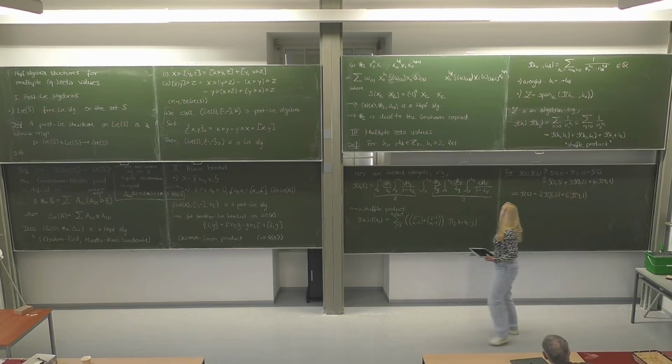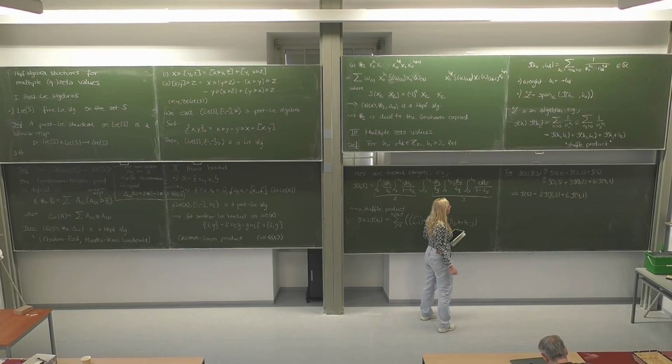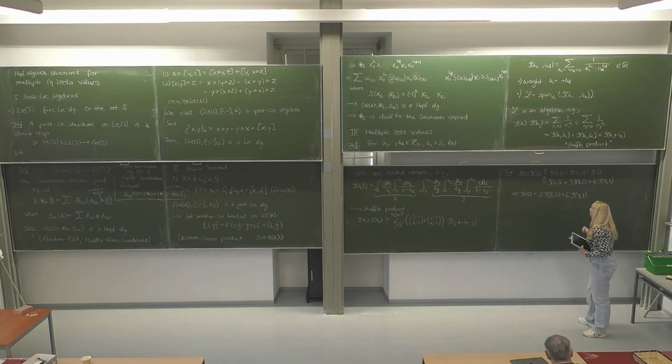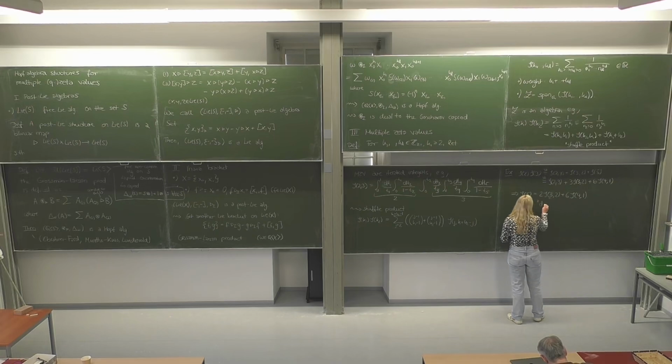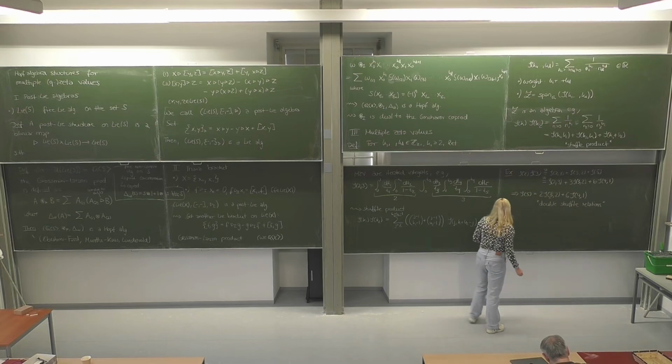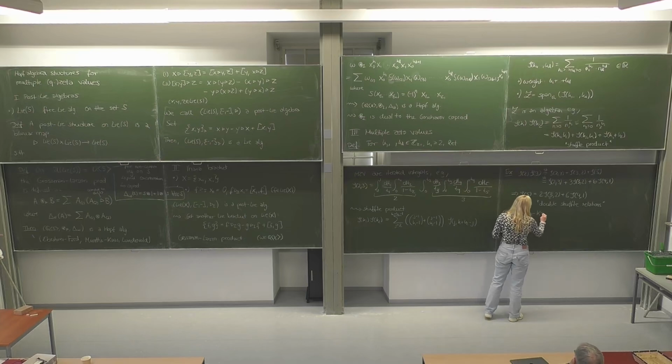Okay, and there's a particular reason why I showed you these relations, because up to some maybe technical things, this is how you get all relations among multiple zeta values conjecturally. So let me make this a bit more precise. So this is what usually is called the double shuffle relations. And then one of the big main conjectures in this field is as follows. It's due to Ihara, Kaneko, and Zagier.